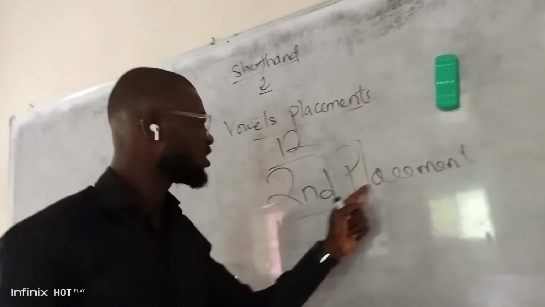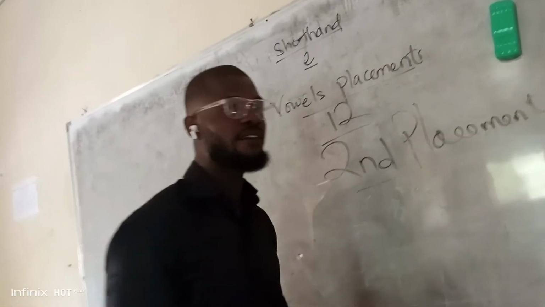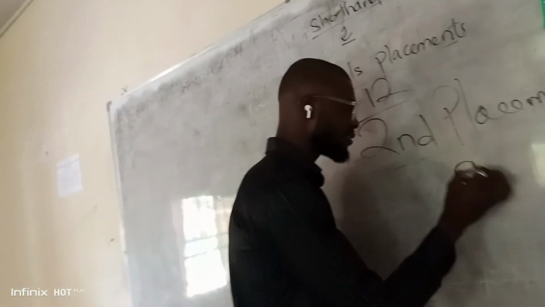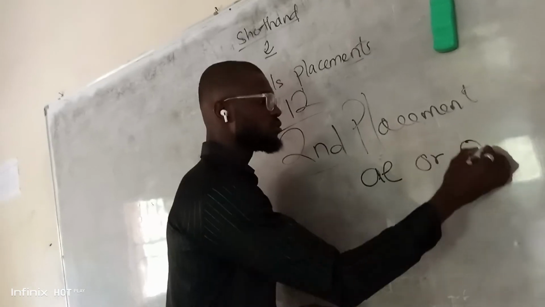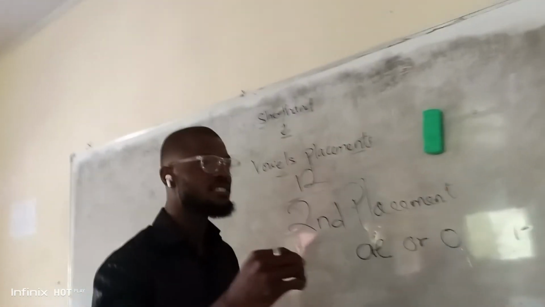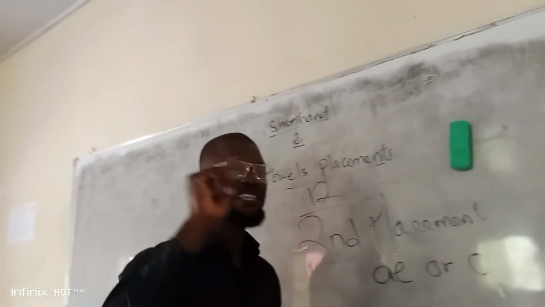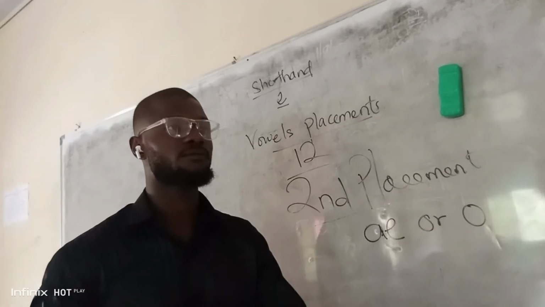Now, the rule of second placement states that whenever you hear A or O, you place the first stroke of that word on the line.